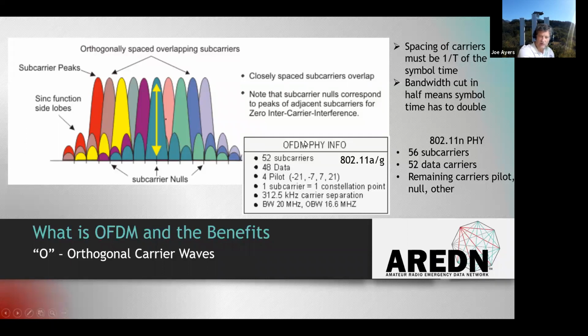So there's an incredible amount of smarts in the engineering behind all of this, and it just gets more and more complex with each of the specifications. So orthogonal, the key idea here, is that we can pack in all of these carrier waves carrying digital data in very, very close proximity, and we can still, on the receiver, detect the state of all of those carrier waves to pull out the symbol, which could be 2 bits, 4 bits, or 6 bits on each symbol that each carrier wave is transmitting.